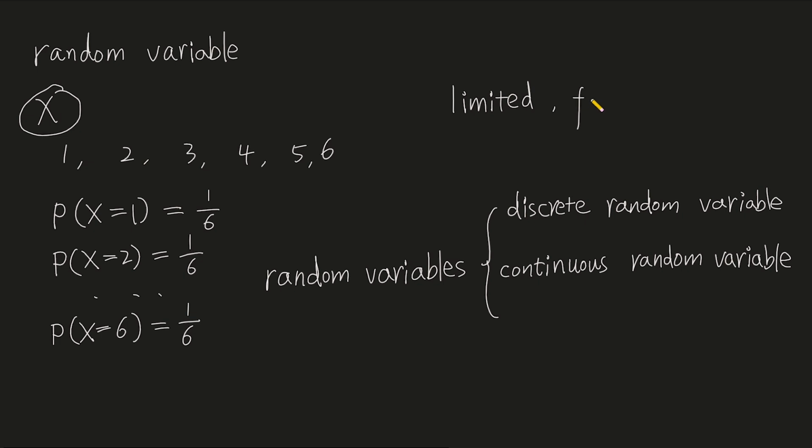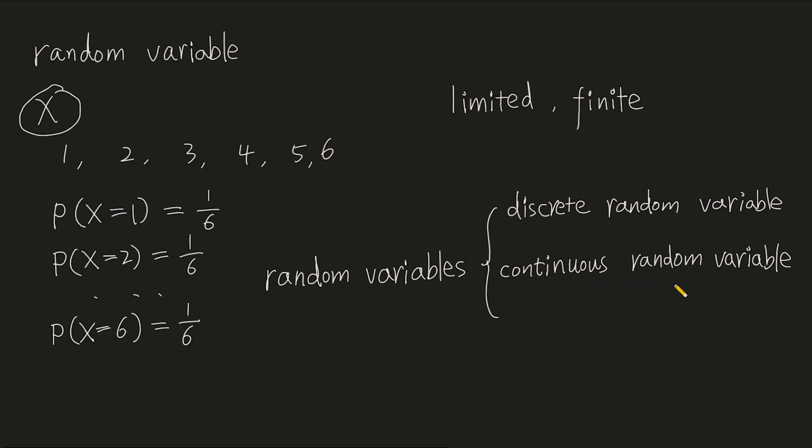It's finite. For example, this example is an example of a discrete random variable because it has only 6 possible values. It's 1, 2, 3, 4, 5, 6. So its values are limited.